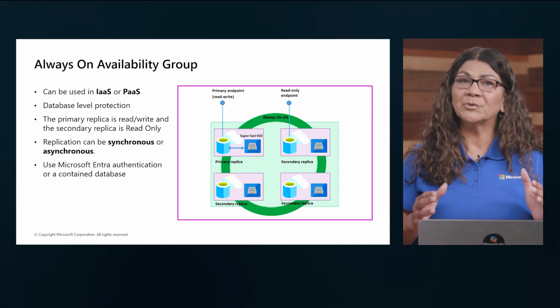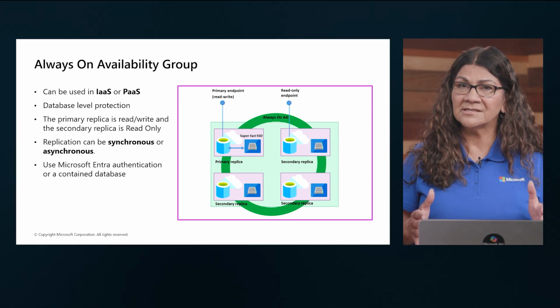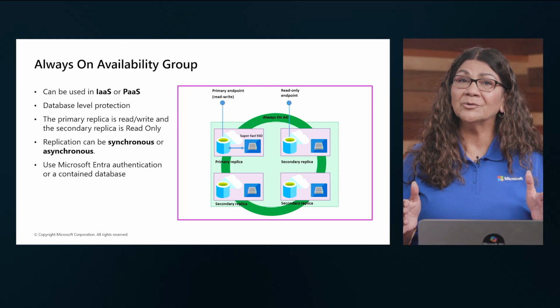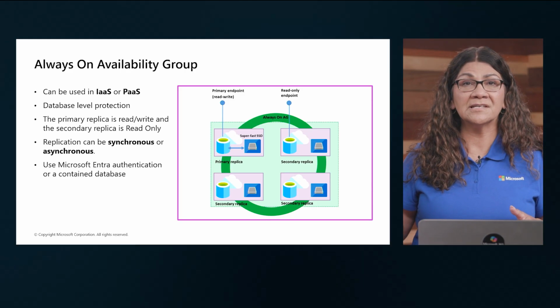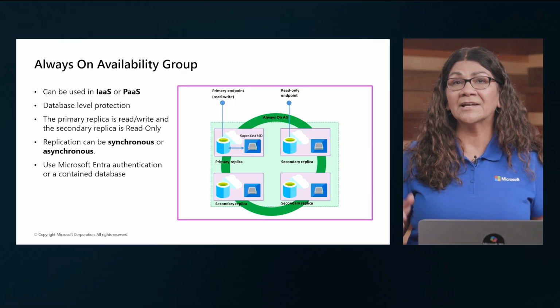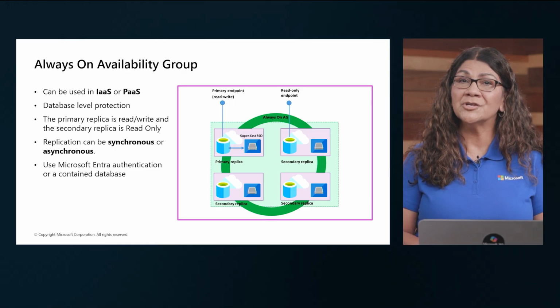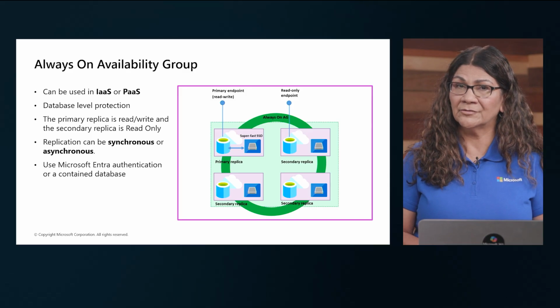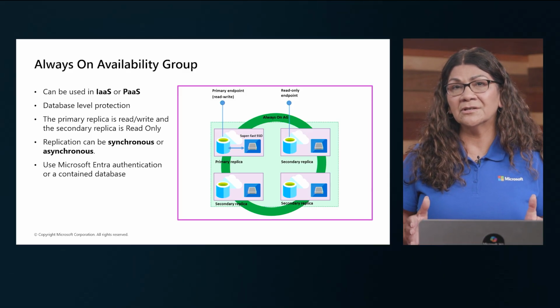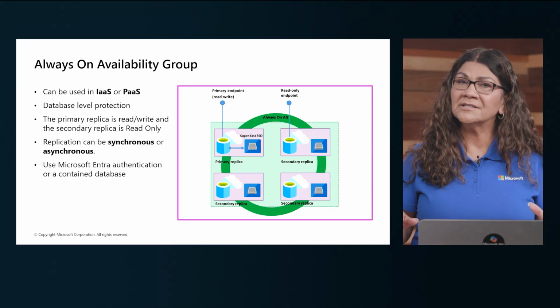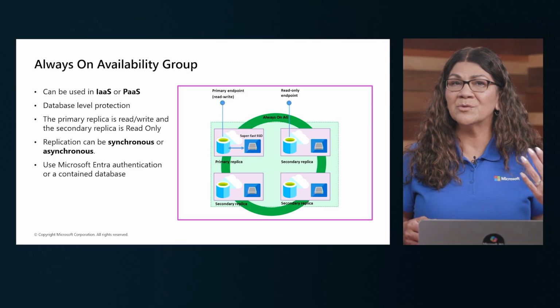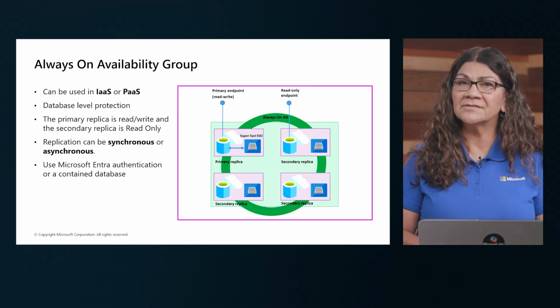While AGs protect individual databases, they require manual recreation of the instance-level objects, such as the SQL Server Agent jobs, logins, linked servers, on the new primary during failover. So make sure to use Microsoft Entra ID authentication with all of its security features like MFA and more for an extra layer of security.